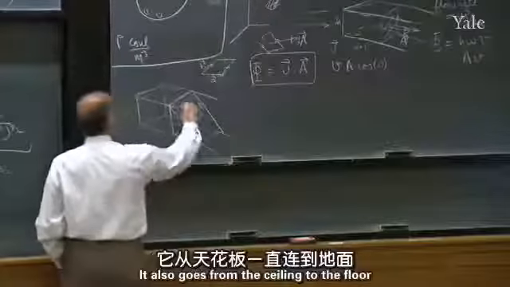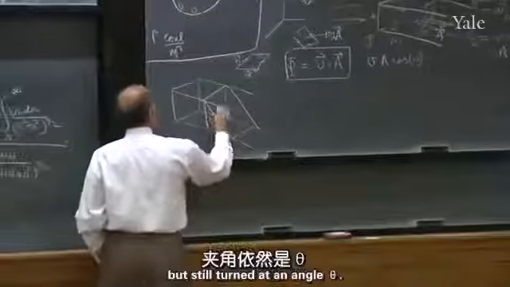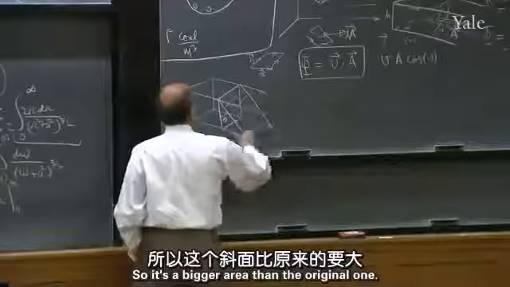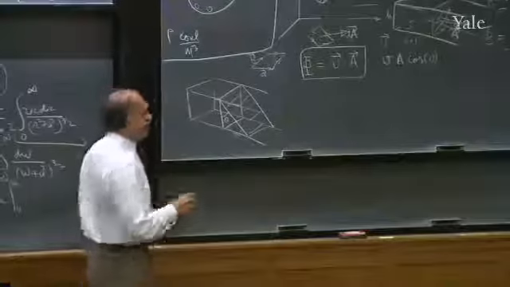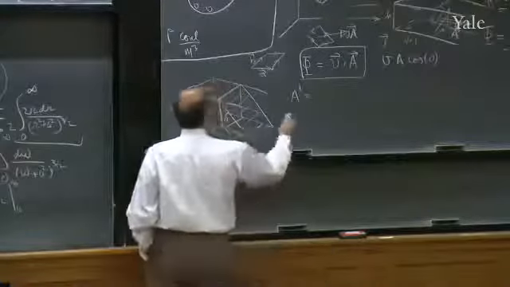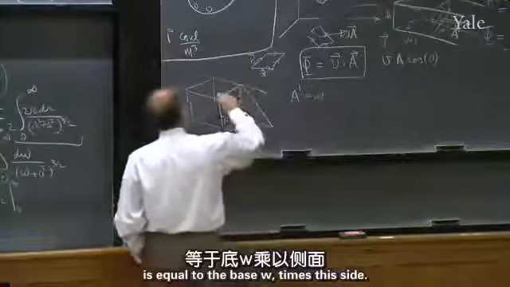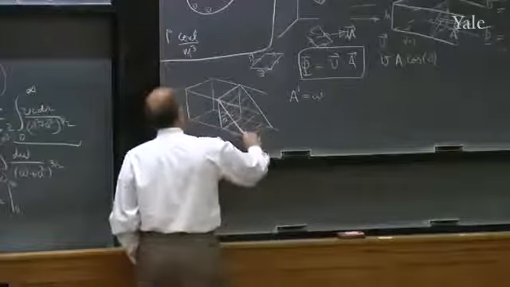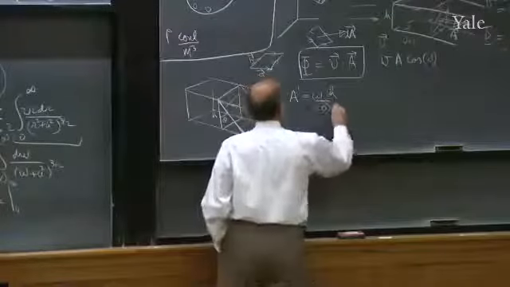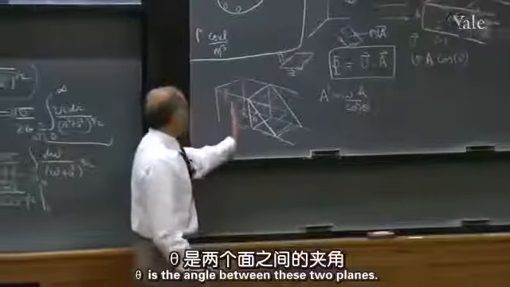It also goes from the ceiling to the floor, but it's tilted at an angle theta. So it's a bigger area than the original one. How much bigger? That area A prime, I claim, is equal to the base, w, times this side. This side is h over cosine theta. The theta is the angle between these two planes.